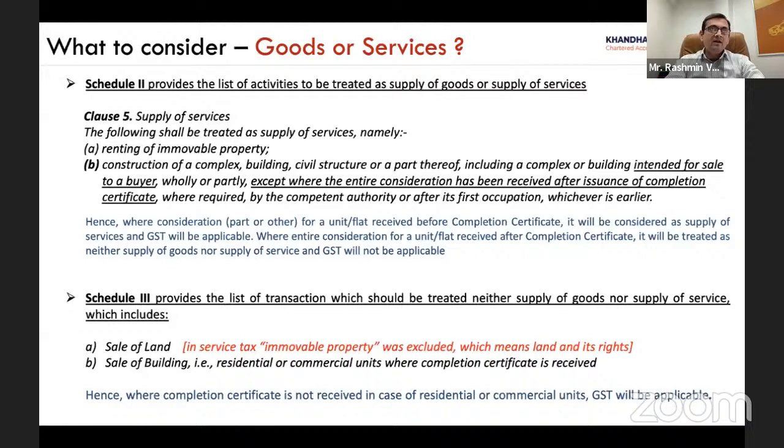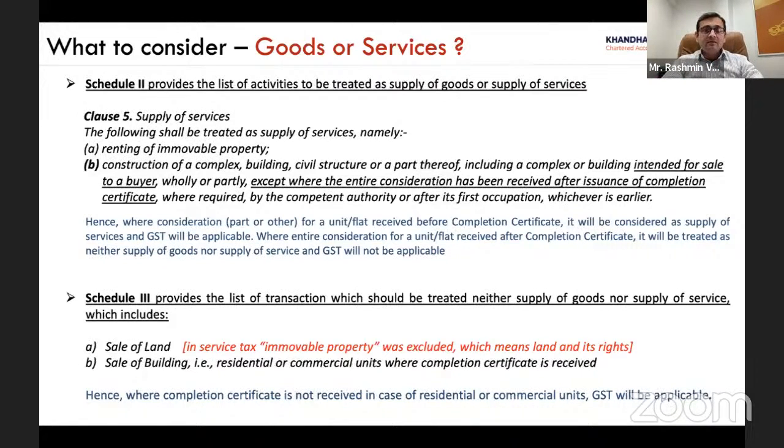And if no advances are received and the completion certificate is issued by the competent authority, or after its first occupation, then the entire amount of consideration received will not be covered under GST. So this is the basic understanding of the applicability of GST on the activity done by a developer.